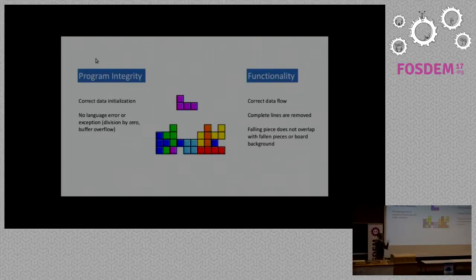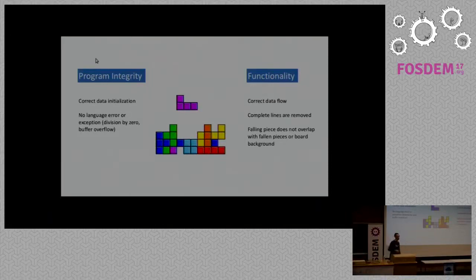So for Tetris, we'd like to show that all the data that is read is properly initialized, a typical reason for bugs, and that there are no language errors or exceptions, depending on the language. For example, division by zero, buffer overflow, etc. That's for the program integrity.